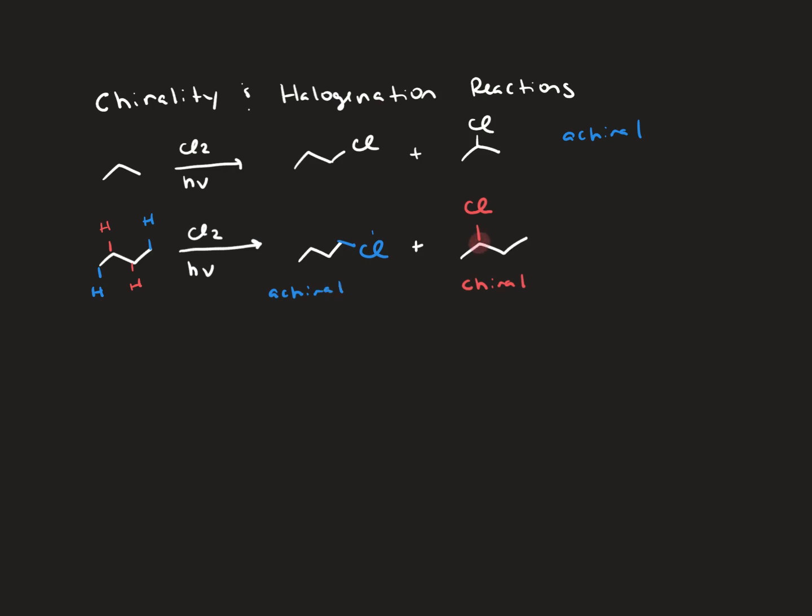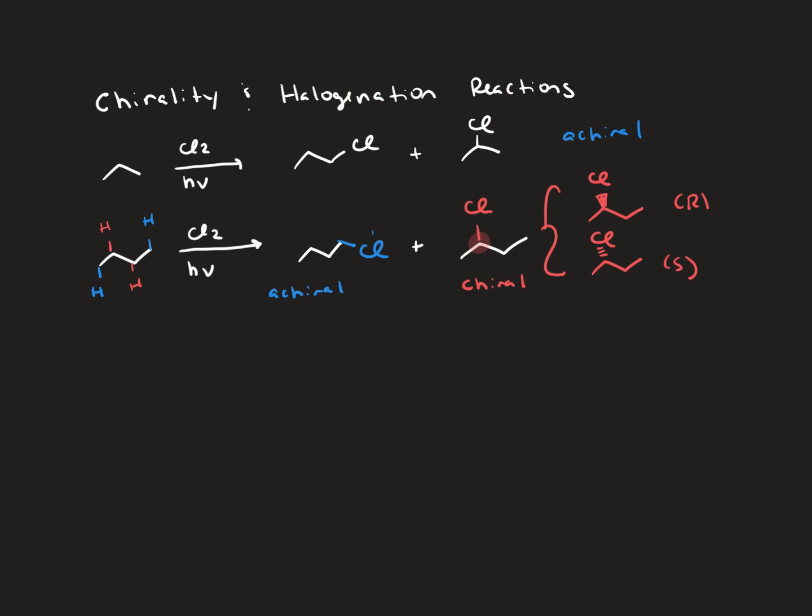And so what's going to happen here is that both enantiomers are going to form. So instead of forming this, what you want to make sure that you understand is that you're forming 2 enantiomers. One where the chlorine is coming out at us, and one where the chlorine is going away from us. These are the R and S enantiomers.